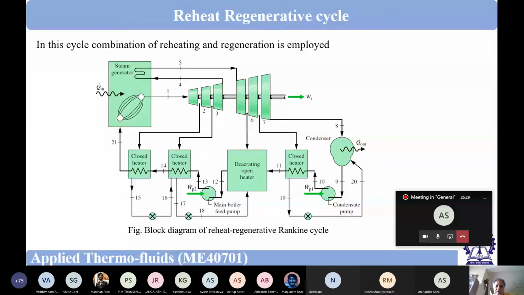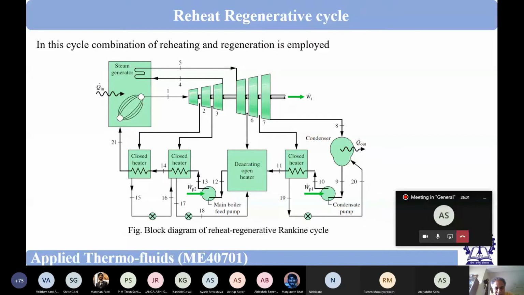So suppose we have an open feed water heater, which is nothing but a direct contact heat exchanger at a good elevation, at a height from the ground level. Then steam will condense and the non-condensable gases will accumulate at the top part of this deaerator. And then there is a vent hole, through which these non-condensable gases can go out. So this is your deaerator.